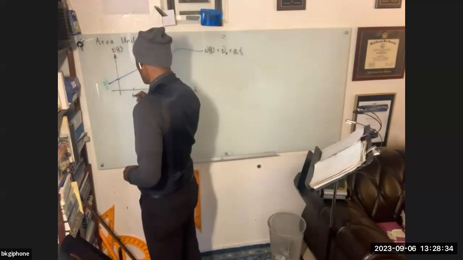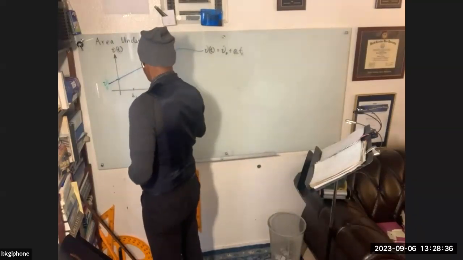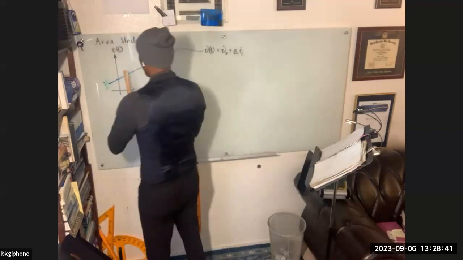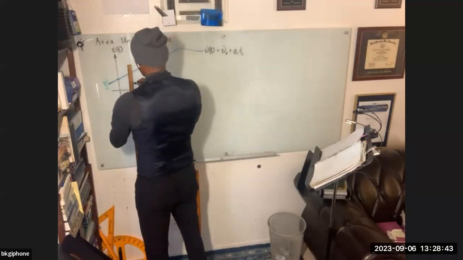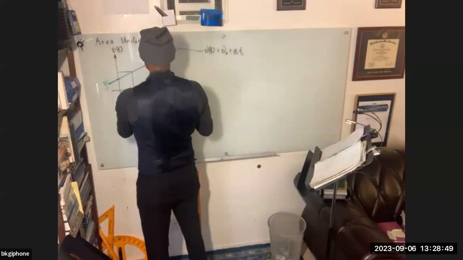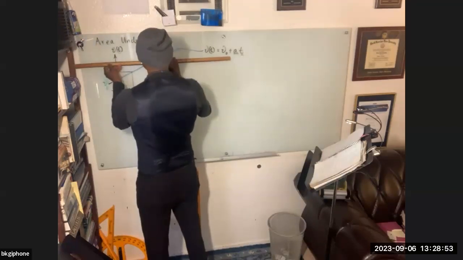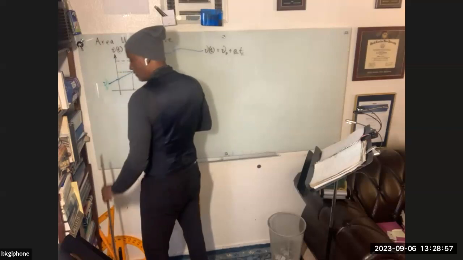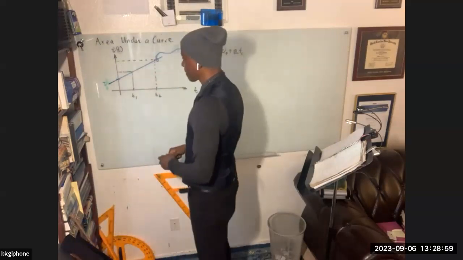So t1 is here, t2 is here, corresponding to speeds v1 and v2, more specifically, v at time t1 and v at time t2.